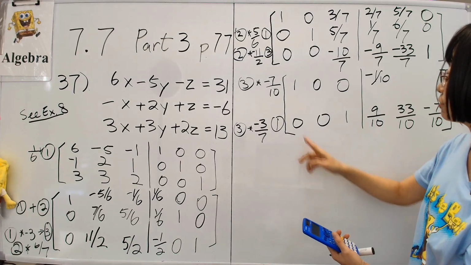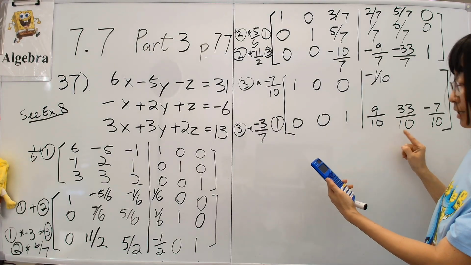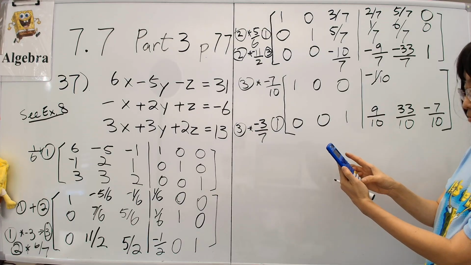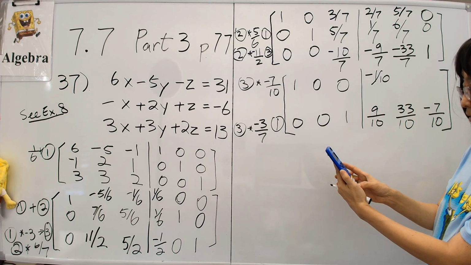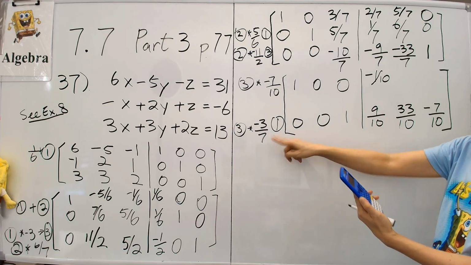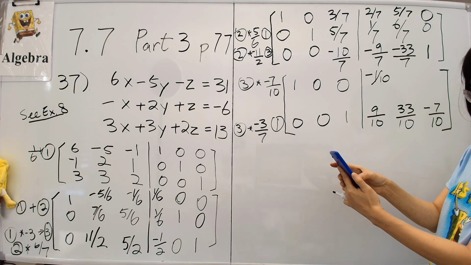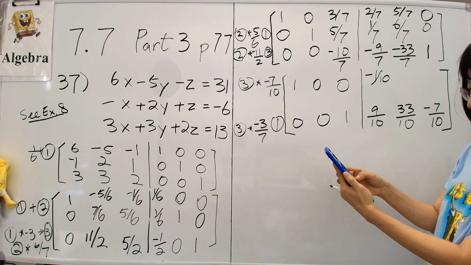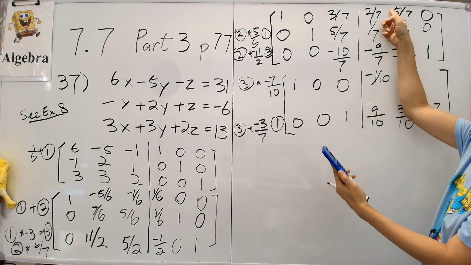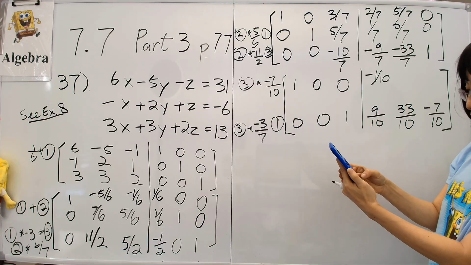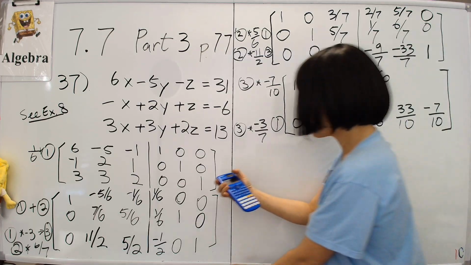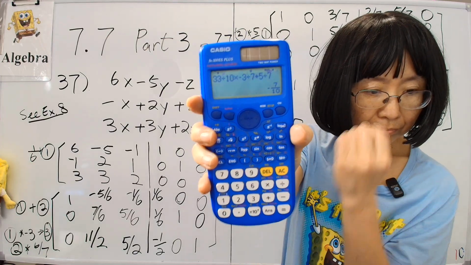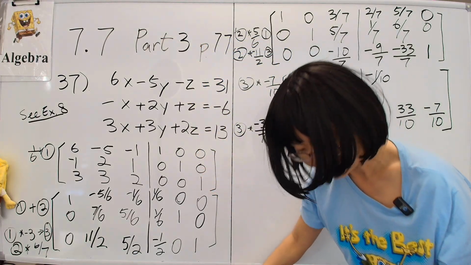Next, the row 3, this thing. We're doing the same thing. This is 33/10. 33 divided by 10, times negative 3/7, and then plus 5/7. That equals minus 7/10.